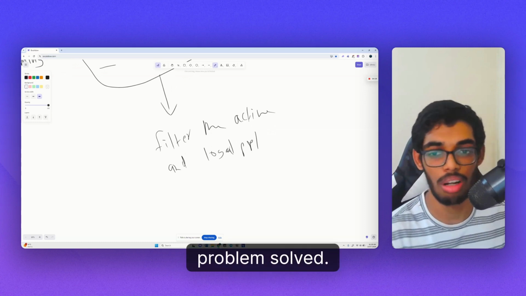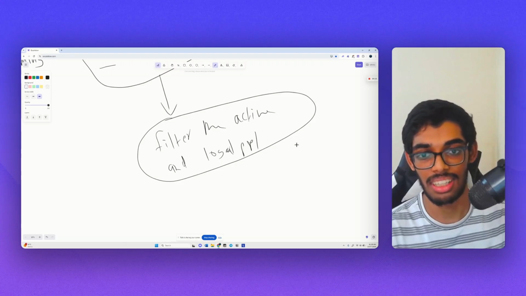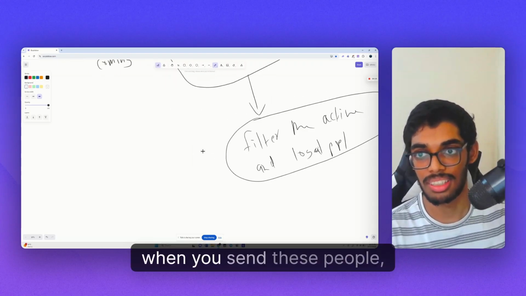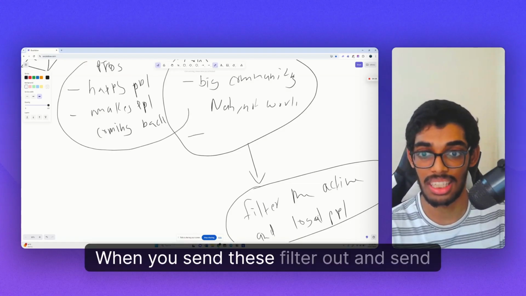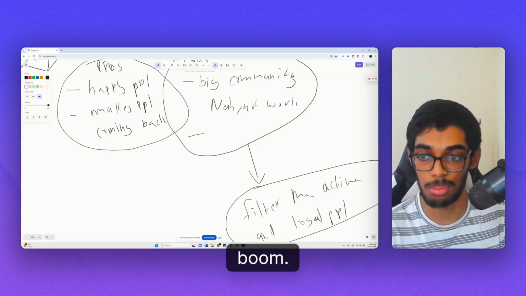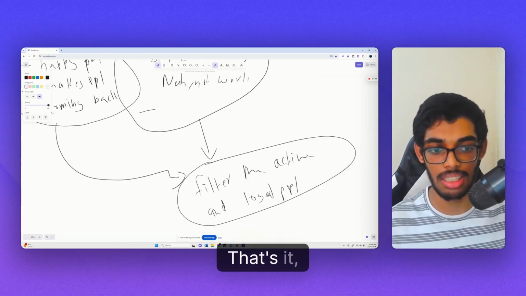Boom, problem solved. When you filter out and send these people a message, boom, this applies over here. That's it, right?